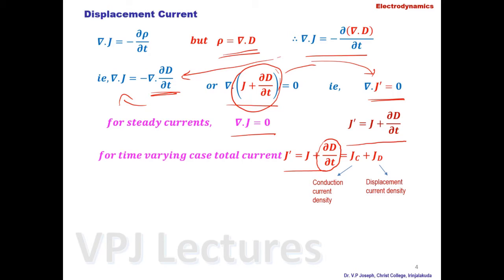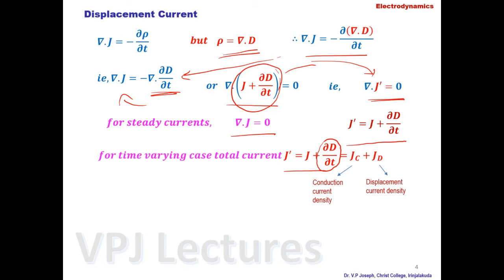Actually, dou D by dou t is the time rate of change of the electric flux density D, where D is equal to epsilon E. So it is the rate of change of the electric field, and this is there inside the current section, that is J plus dou D by dou t.